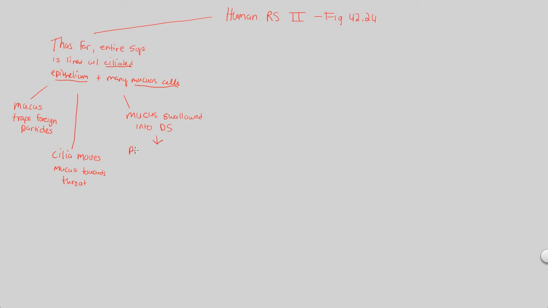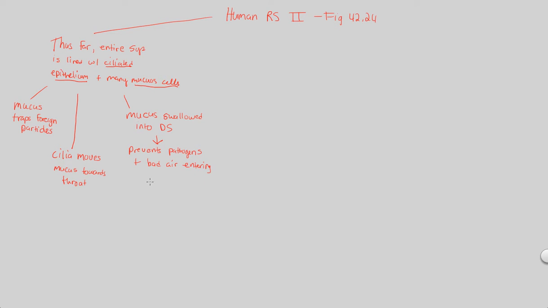Well, that's because this ciliated movement of mucus and foreign particles bound to mucus overall is a great way to prevent pathogens and bad air from entering the lower respiratory tract. So it prevents pathogens and also harmful air, or air that has a lot of foreign particles in it that's just not good to breathe, from entering the lower respiratory tract.